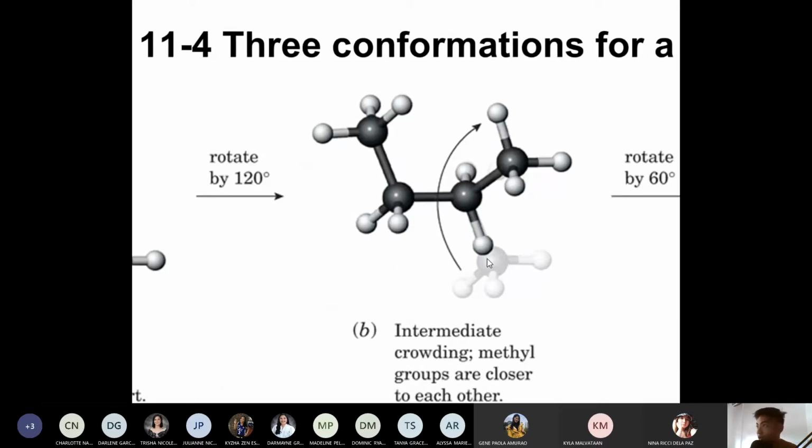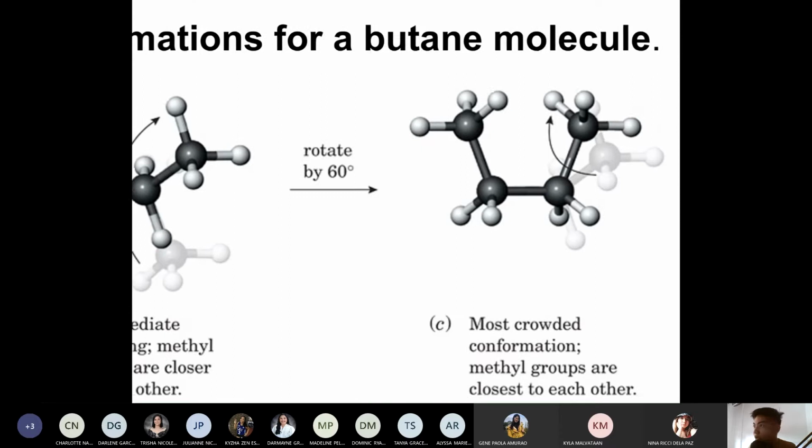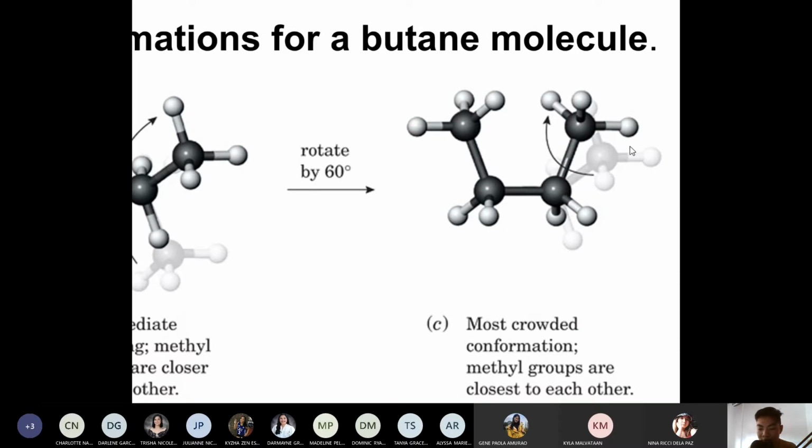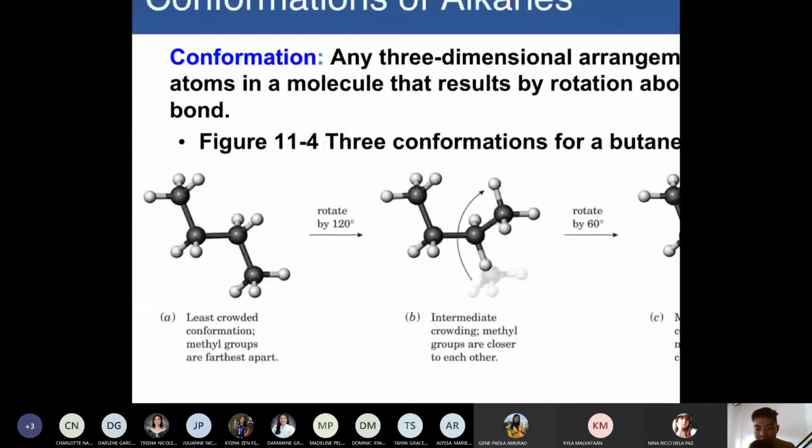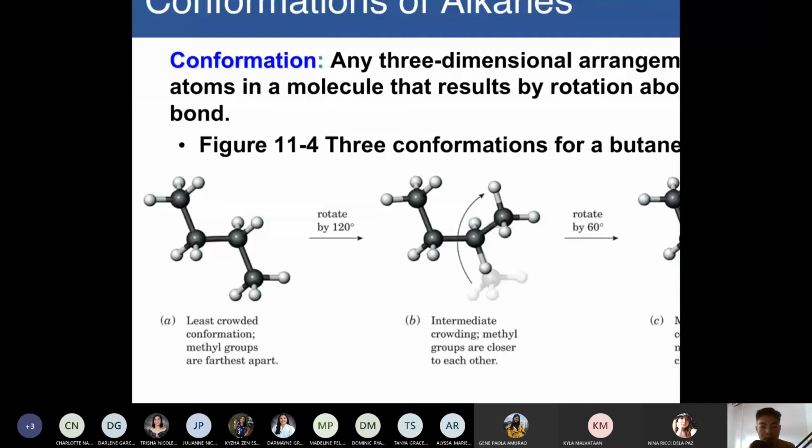So, nandito siya sa baba, ngayon nandun siya sa taas. If you rotate this by another 60 degrees, ganito yung magiging itsura niya. Parehas na sa taas. So, ano yung mangyayari? Your single bonds can rotate, and each rotation, may iba't ibang implication.